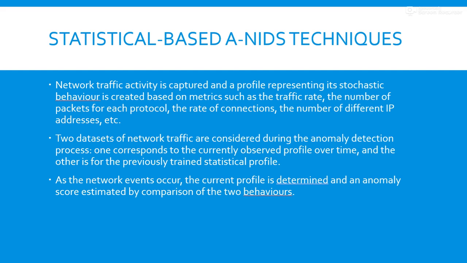Then an analysis of audit records over a period of time can be used to determine the activity profile of the average user. So these audit records act to define typical behavior. Two data sets of the network traffic are considered: one corresponding to the currently observed profile over time, and the other for the previously trained statistical profile.